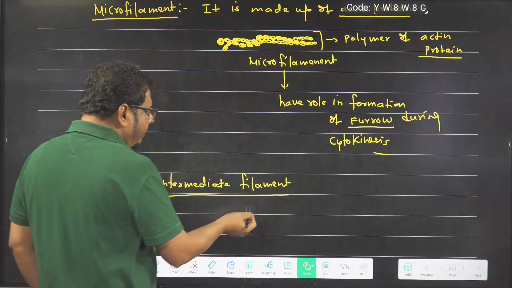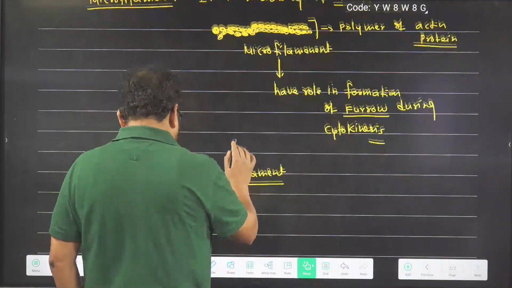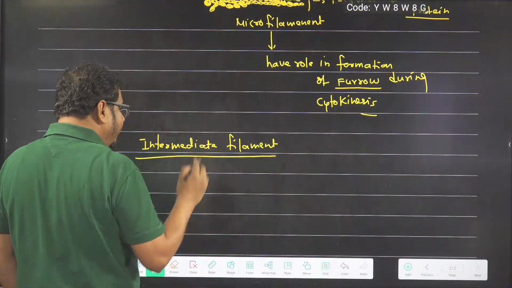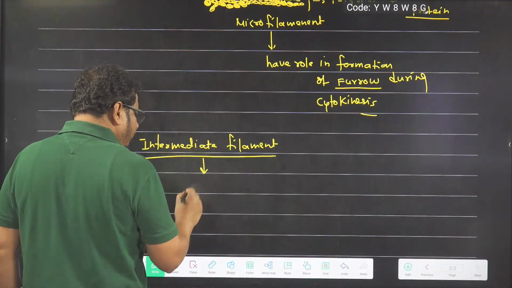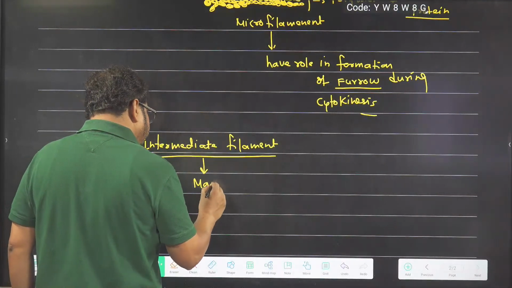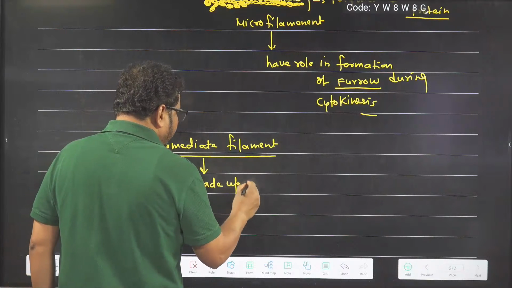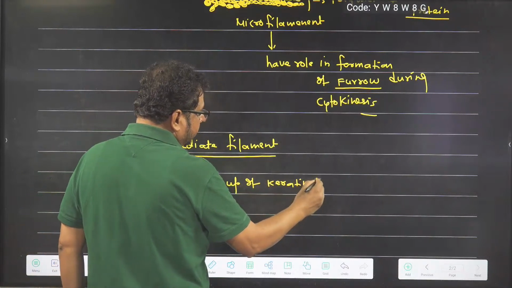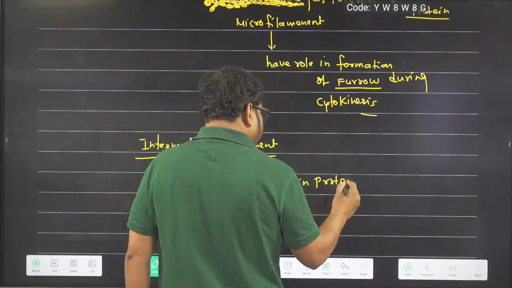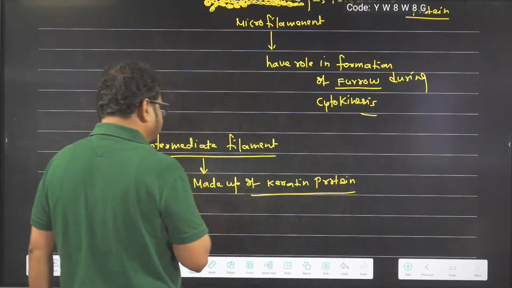So intermediate filament. And now I am telling you a very interesting thing. You will enjoy it. Intermediate filament is made up of keratin protein.